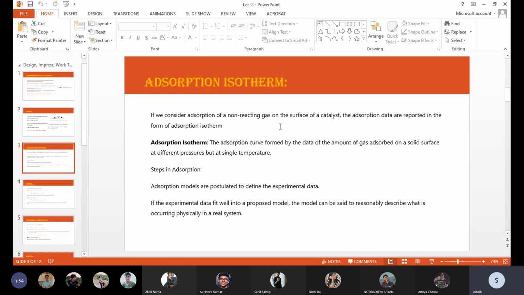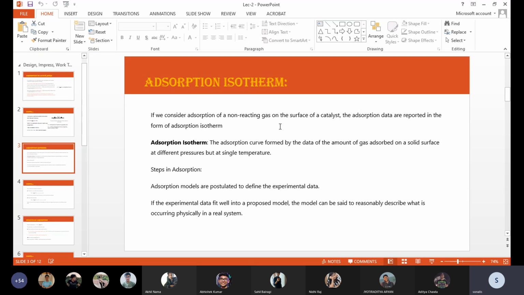Say we take the example of a non-reacting gas which does not react at all. It will just adsorb. So how does its adsorption behavior occur, and how can we see the adsorption behavior of that gas molecule with temperature and also at different pressure?